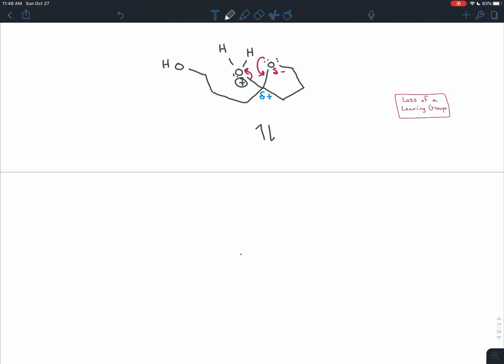So what we form is that oxonium ion, water is left, and then the rest of the molecule is here.